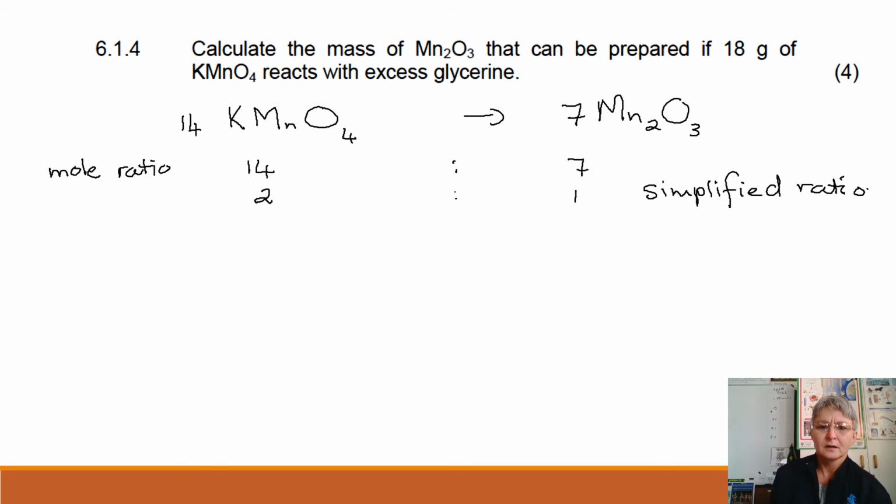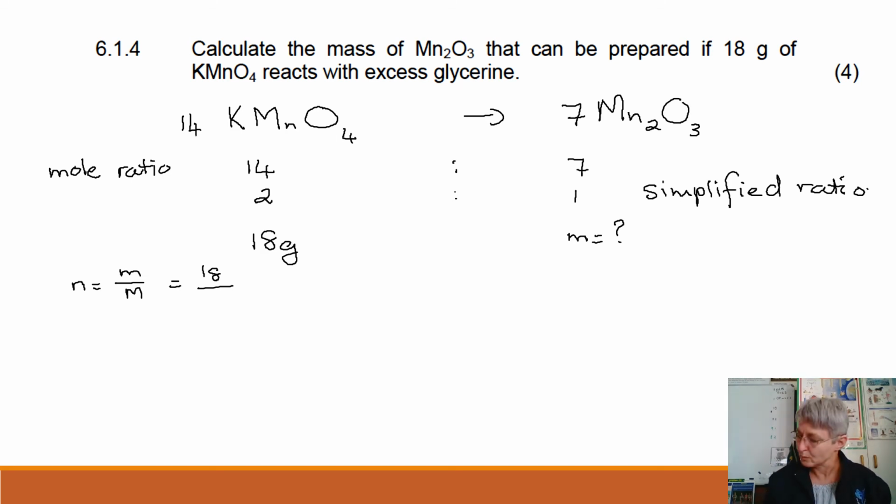Okay, now it's a normal mass calculation, so we've got 18 grams of potassium permanganate, and we need to get the mass of this manganese oxide compound. In order to get that, I need to calculate the moles of the potassium permanganate. So moles is mass over molar mass, which is 18 over the molar mass for potassium permanganate.